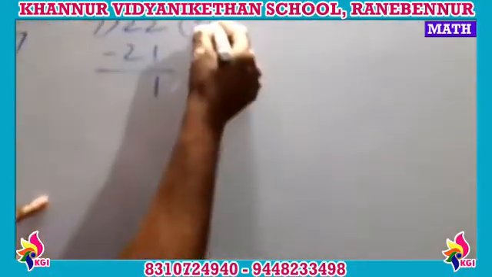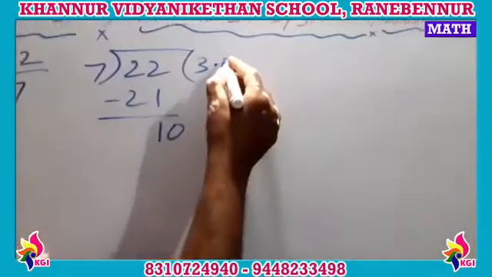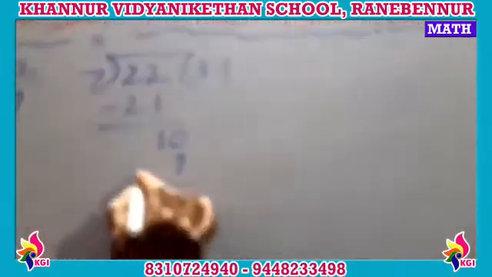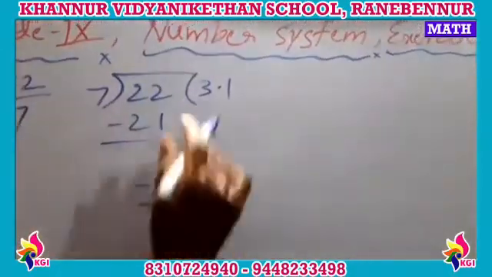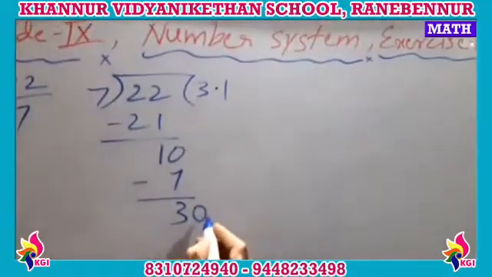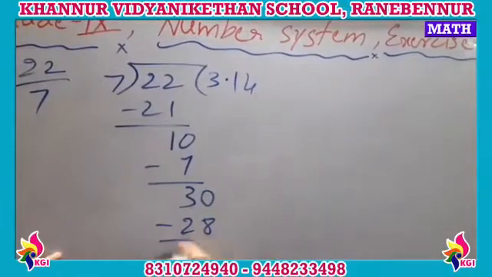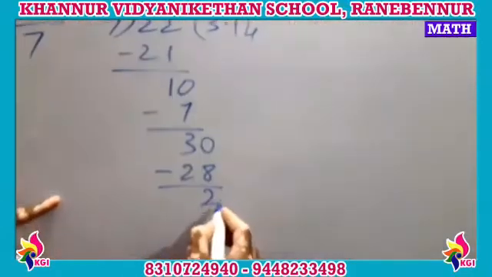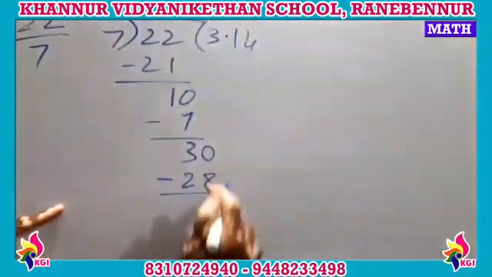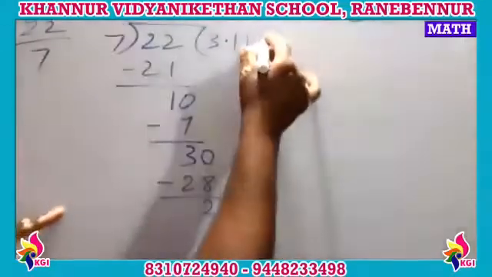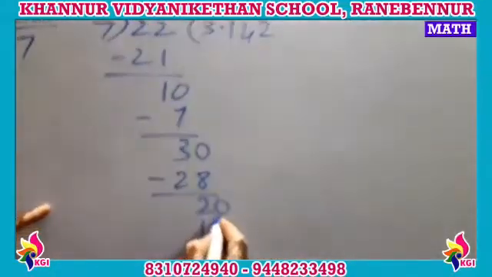So what do I need to do? Put a point, take a 0. Then 7 1s are 7. Remained with a 3. Already I put a point, I can take a 0. Then 7 4s are 28. Remained with 2. Point is given, I can take a 0. Next 7 2s are 14.